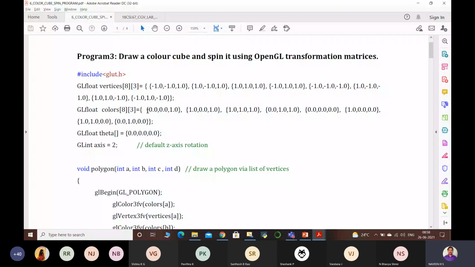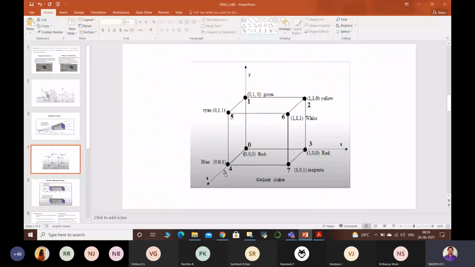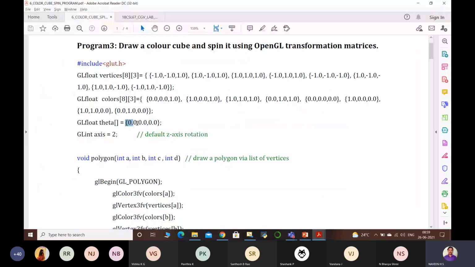And color: what colors are you going to give? Because if you are not giving different colors, it will take the same color for the whole cube. So to differentiate, I'm giving different colors for my vertices. Similarly here also, 8 cross 3. And again theta: as this is happening at the origin, your theta value will be 0 0 0 for all the x, y, z axes.